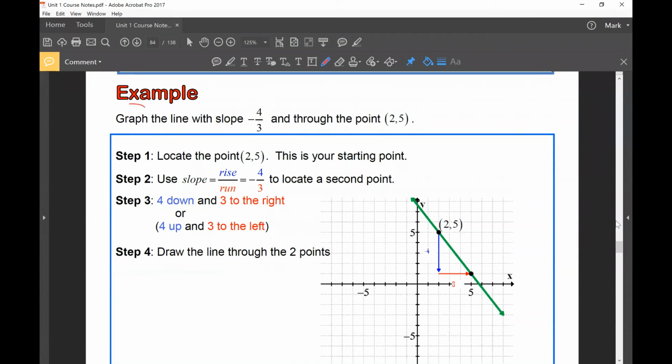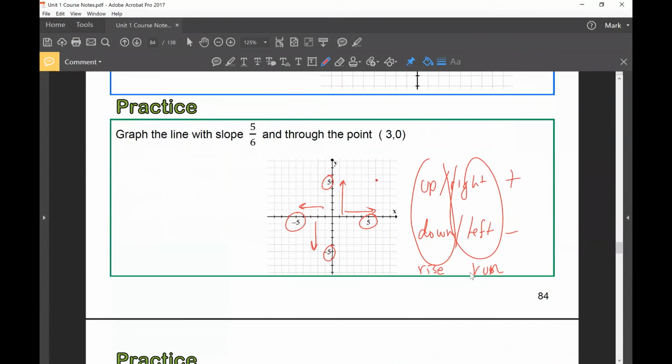So this says graph the line with the slope -4/3 again, and through the point 2 and 5. So I have a starting point and I'm going to do my slope. It could be 4 down and 3 to the right, which is kind of how I do my slope, and you connect the line.